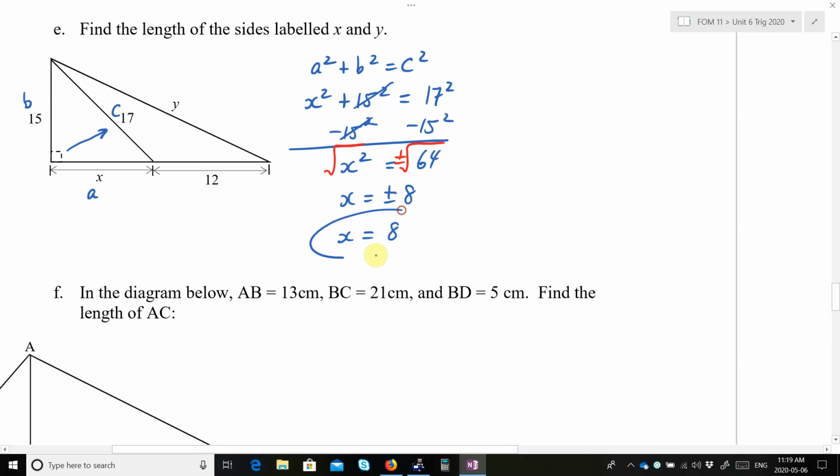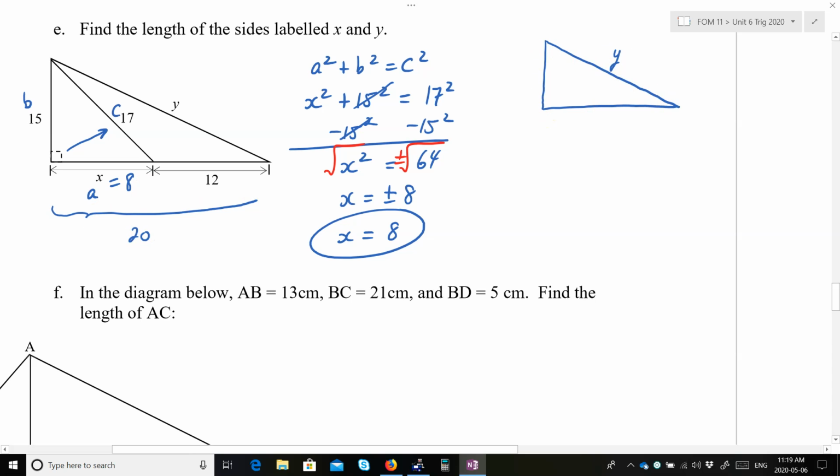They haven't given us any units. Okay, so x is 8, which means that this whole side length of the big 90-degree triangle is 8 plus 12, which is 20. Okay, so we essentially have this now.